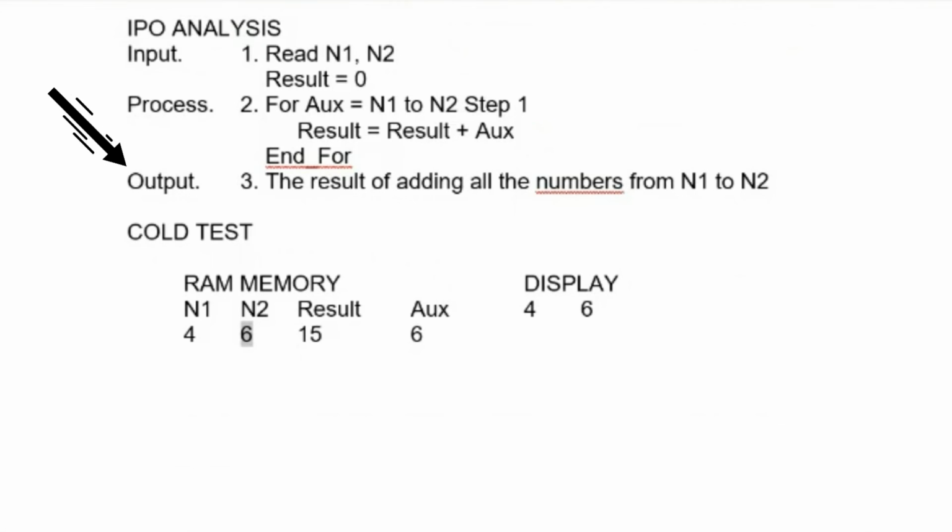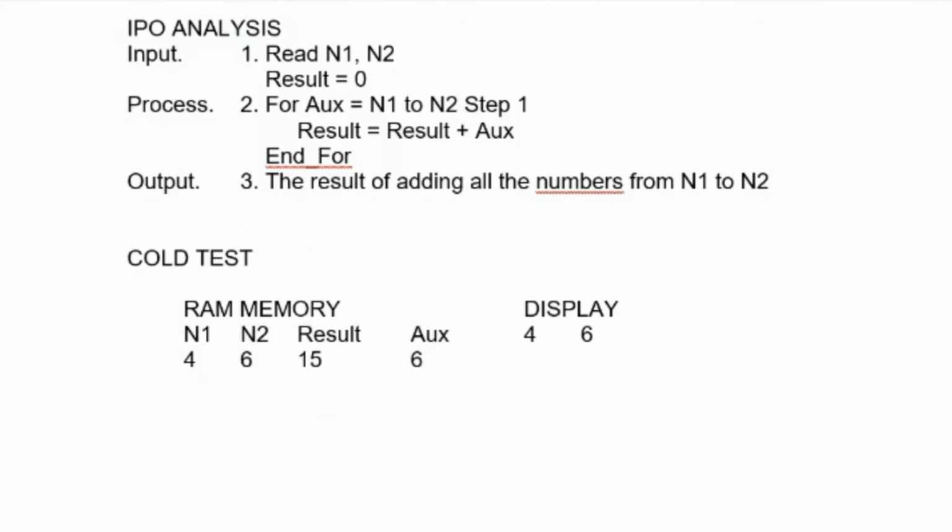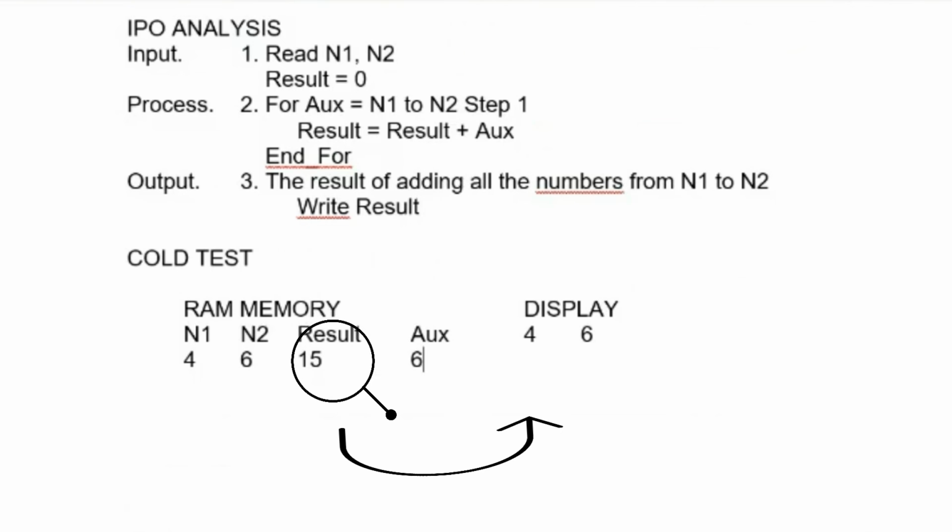So output, step number 3, is the result of adding all the numbers from N1 to N2. That means write result. So the result is 15.